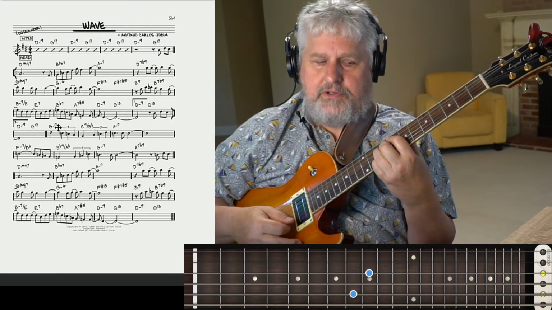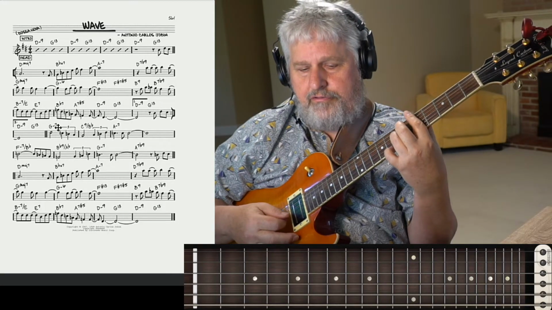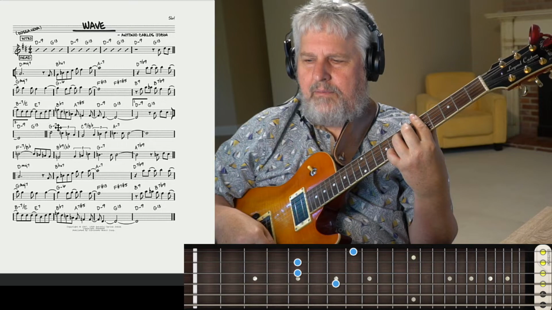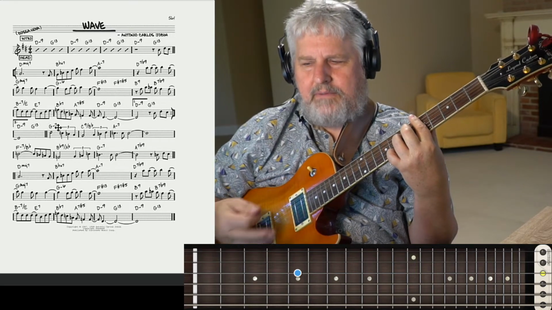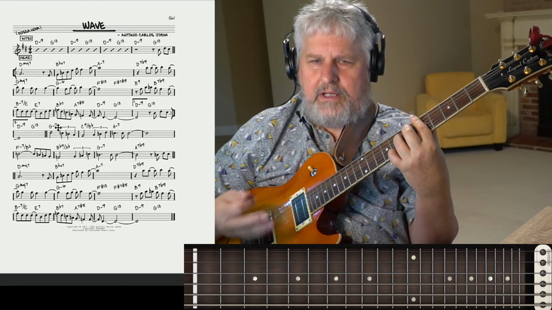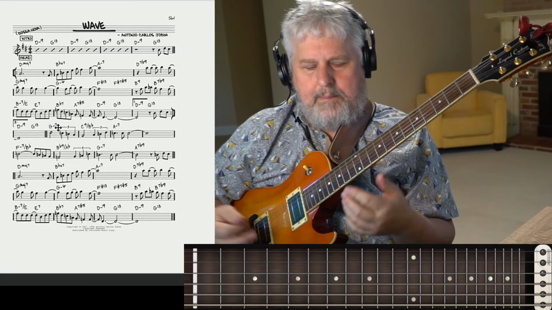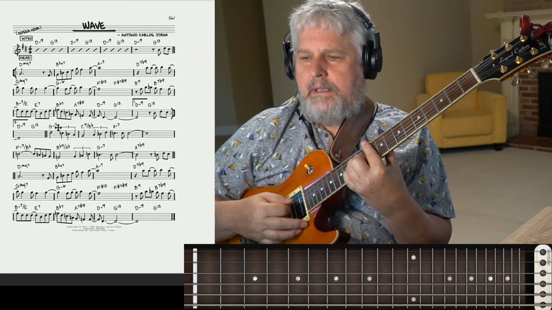But instead of resolving to the F major, it resolves to the 3 chord of F major, which is just, you know, they're very closely related, and it's just a more ambiguous resolution.